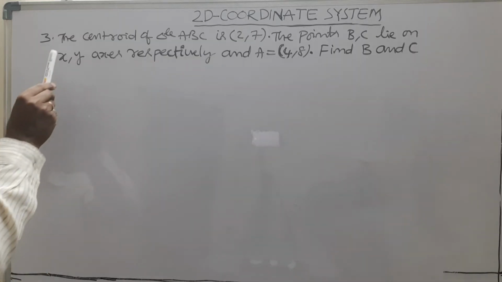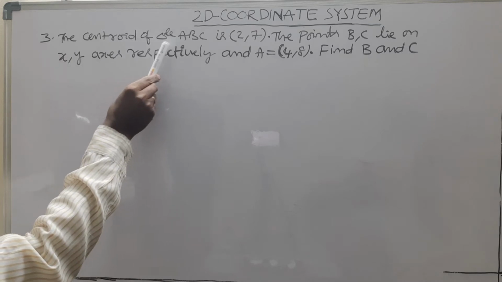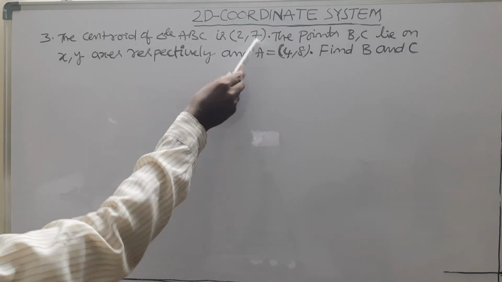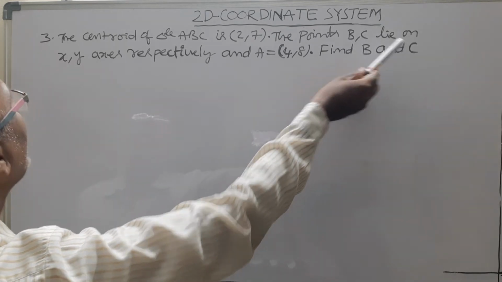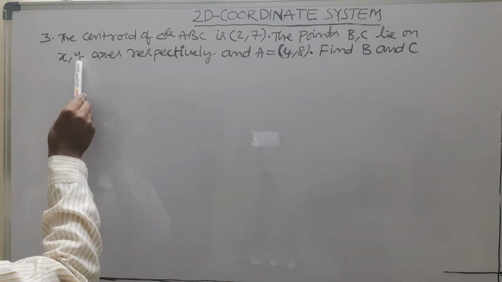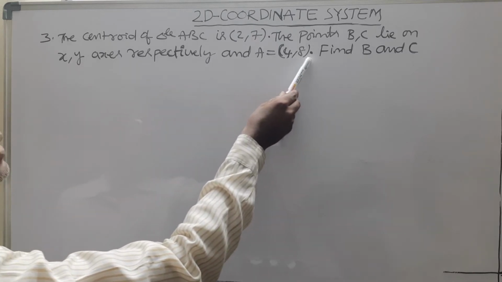Next one, the third question. The centroid of triangle ABC is (2, 7). The points B and C lie on the x and y axis respectively, and A is equal to (4, 8).